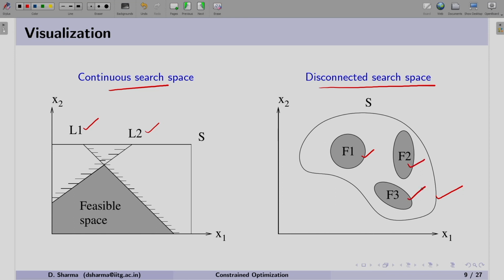From these two figures, we can see that problems making a continuous search space are relatively easy to solve. But if the problem makes a disconnected search space, those problems are difficult to handle.